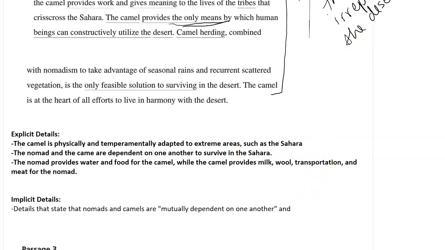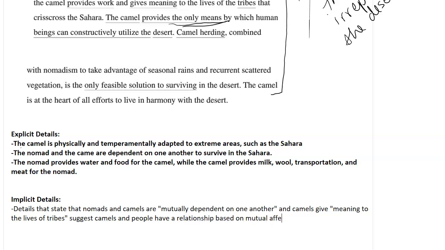And that camels give meaning to the lives of tribes, suggest camels and people have a relationship based on mutual affection.